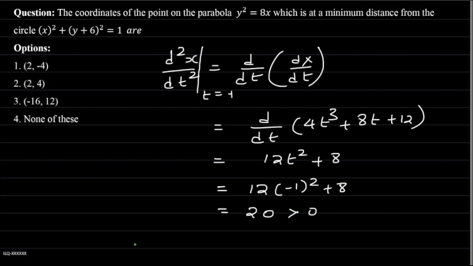That means at t equal to minus 1, the function CP square, which is equal to 4 into x, is minimum.